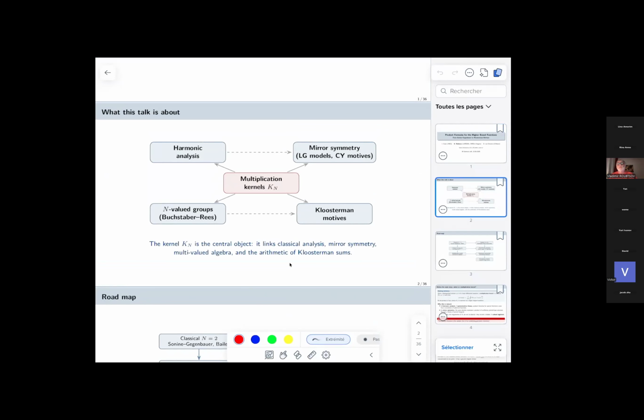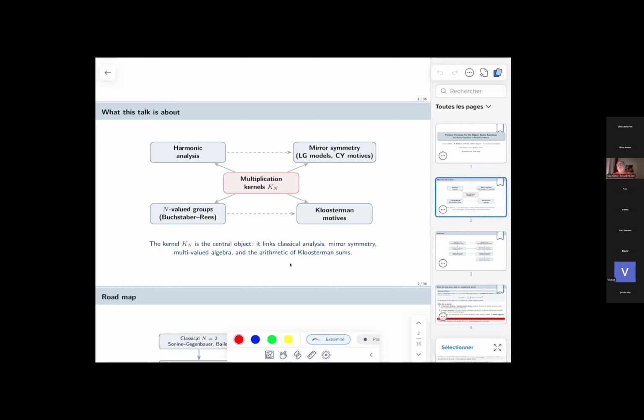Multiplication kernels connect different branches of classical and modern mathematics, such as harmonic analysis and n-valued group laws, which goes back to the 70s of the 20th century, when they appeared in the formal group description which Buchstaber gave for different algebraic topological spectra, formal group multiplication.